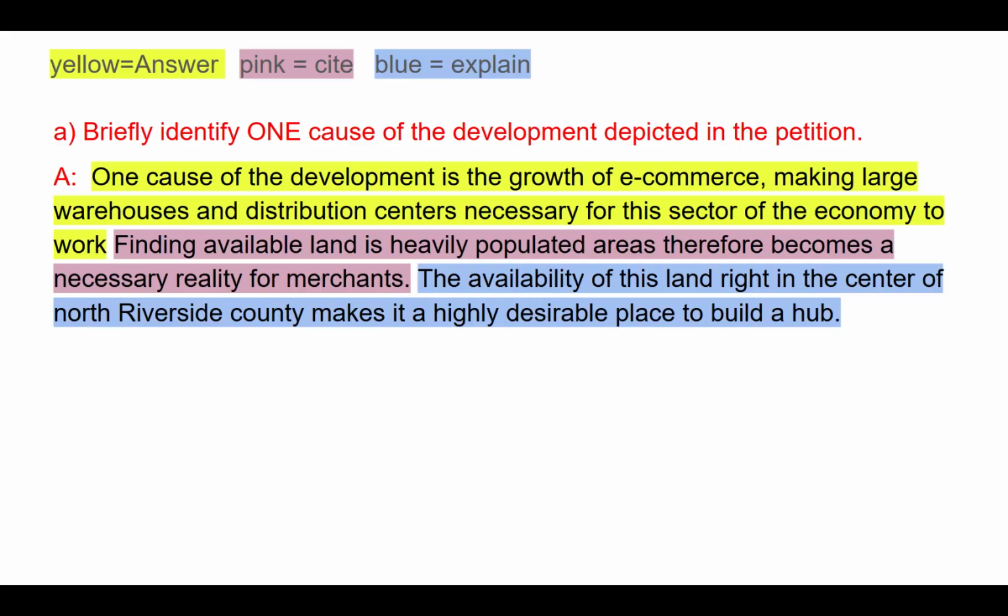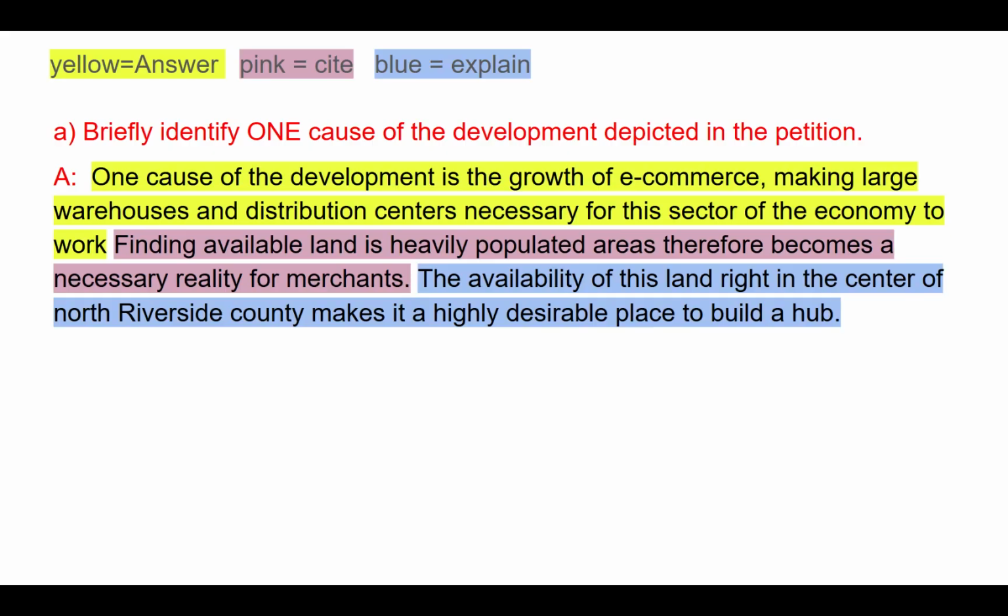So finding available land in heavily populated areas, typo on me, therefore becomes a necessary reality for merchants. The availability of this land right in the center of North Riverside County makes it a highly desirable place to build a hub. So notice the pink is pulling something specific from the document.